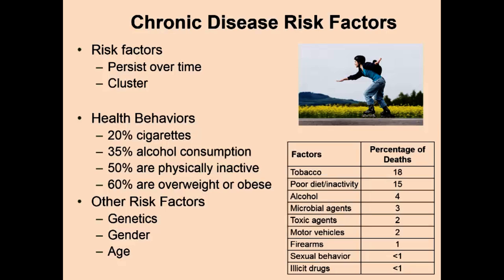So what are some health behaviors that people in the U.S. still engage in, knowing that they can be risk factors for chronic diseases? Well, 20% of the population smokes cigarettes, 35% consume more than moderate amounts of alcohol, 50% are physically inactive, and 60% are overweight or obese.